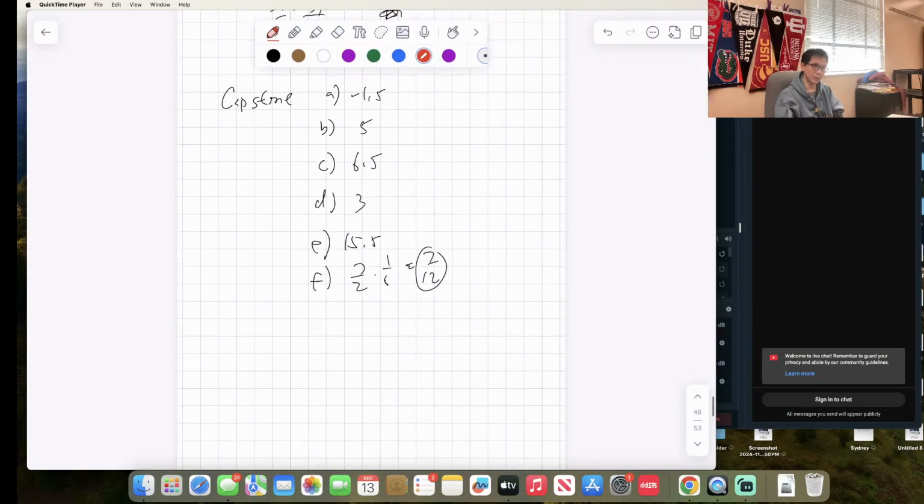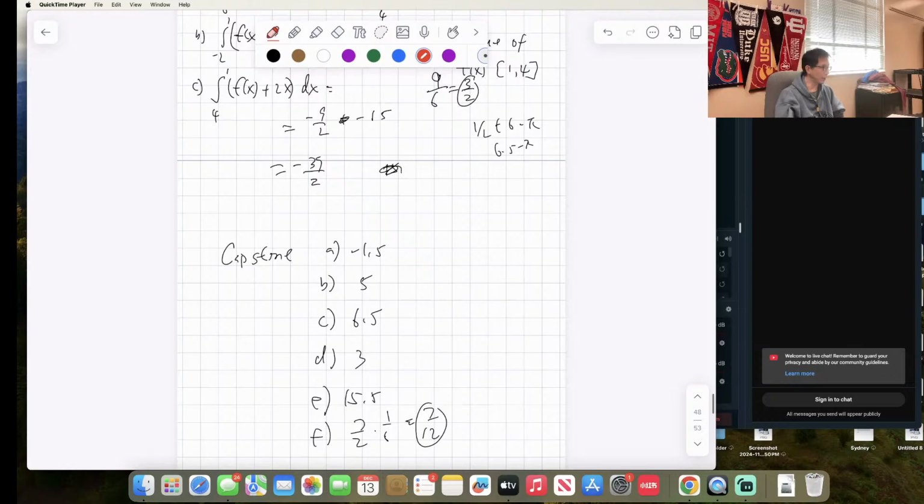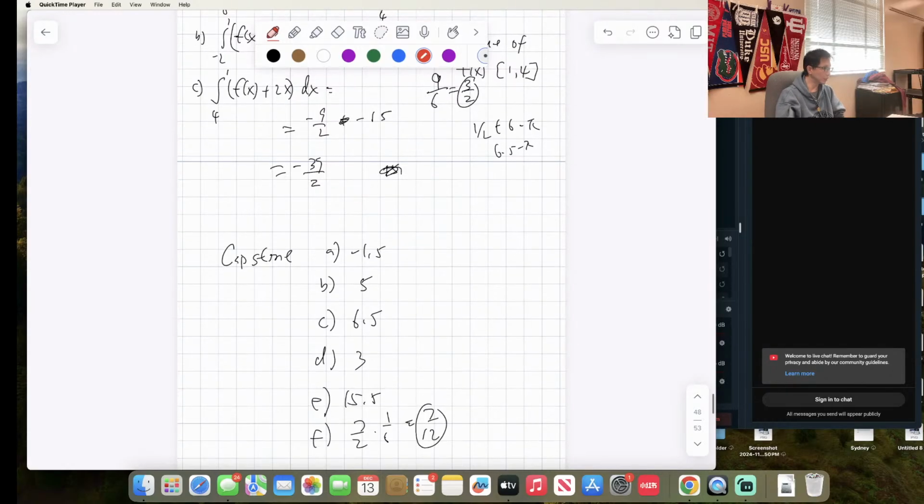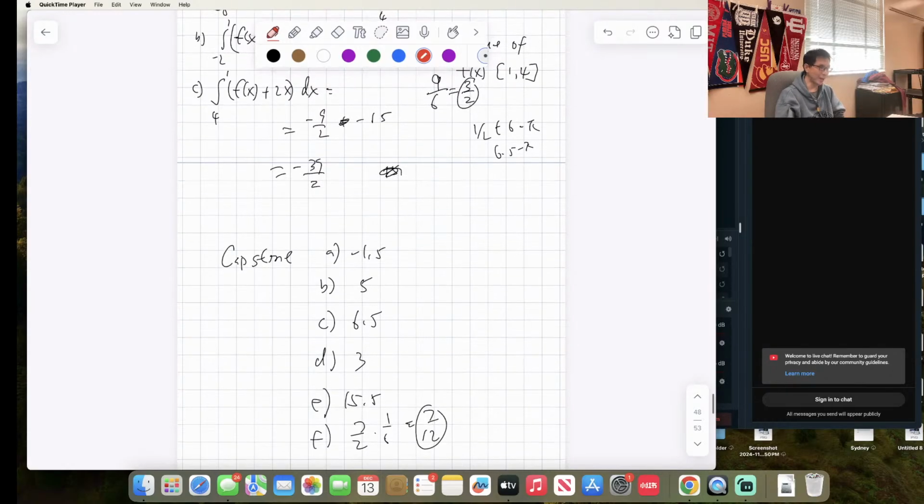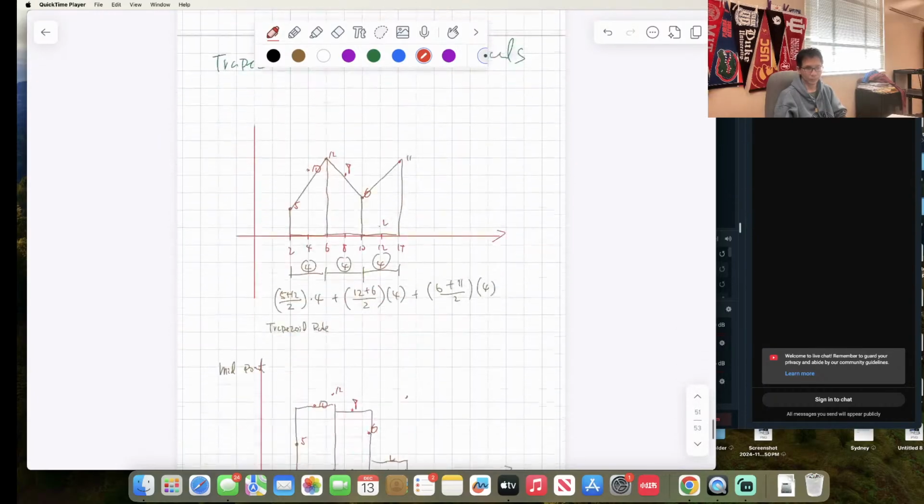Oh, you had to add 12, because it's the 2 times the 6, and then that's 3.5. So it's 15.5. I don't know how I got that. I think I made some sort of 15 minus something. I can't read my handwriting.